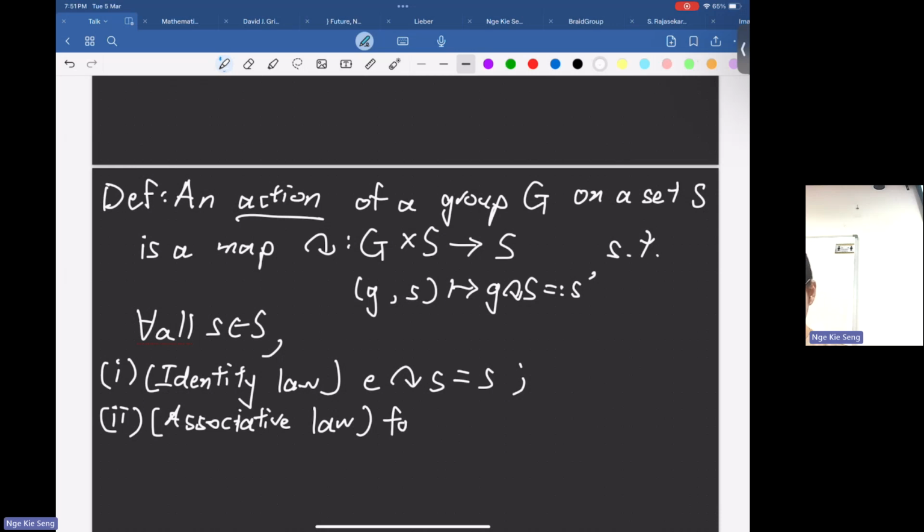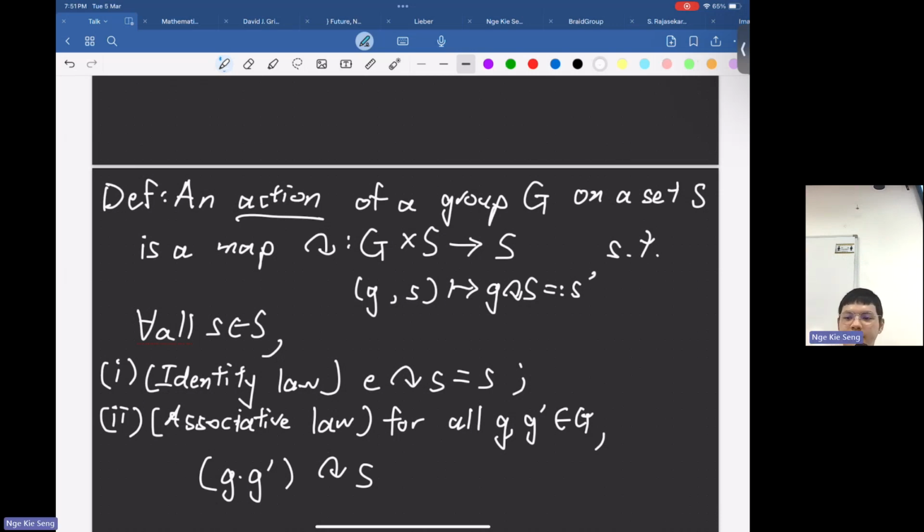For two elements in G, I can compose the two elements first, because it's a group, and get another group element, and then let this element act on my set.